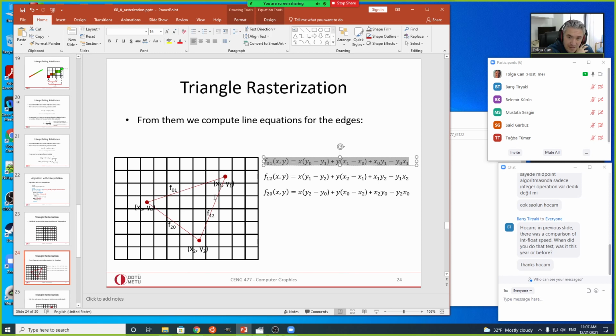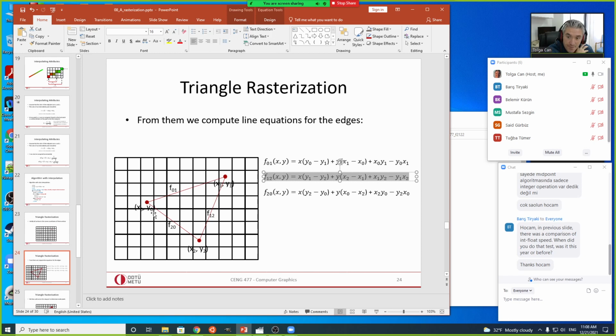What we are going to be doing is that these are our edge equations. We need to highlight pixels here in such a way that all of the pixels are below the lines. They all get negative values. For F01, it should be negative.